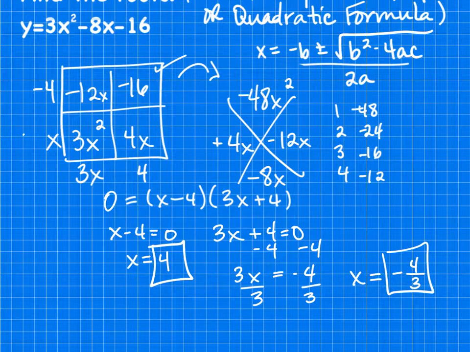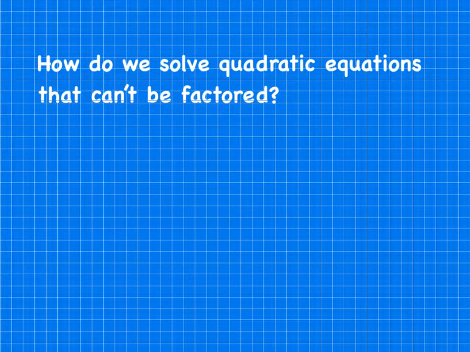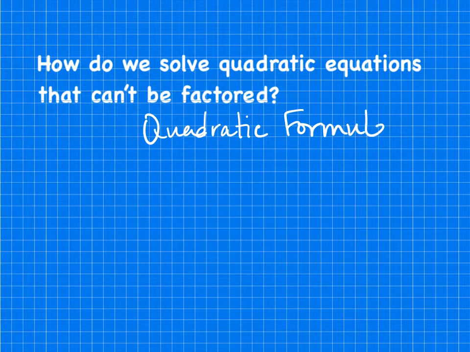Many quadratics are factorable, many of them are not. So for the quadratic equations that can't be factored, we use the quadratic formula. And that is assuming that the quadratic is in the form y equals ax squared plus bx plus c.